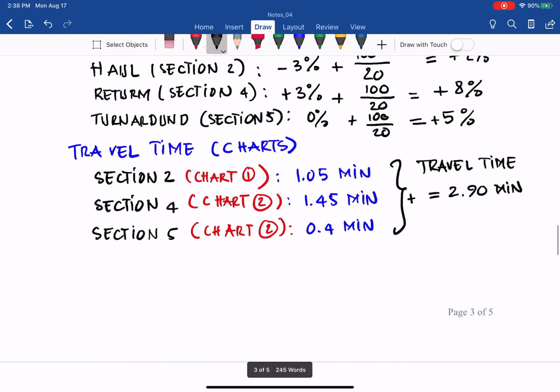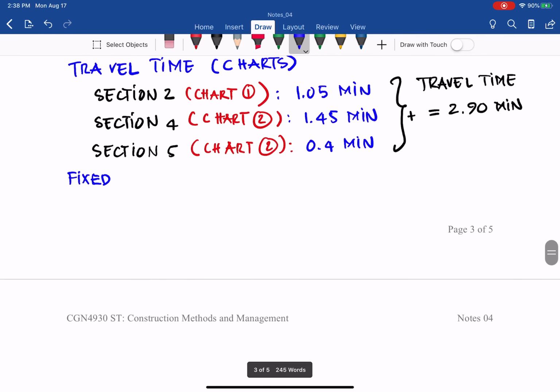And then the next one we need to find out is the fixed cycle, and that is table 47. What are the things we need to put down in the fixed cycle?